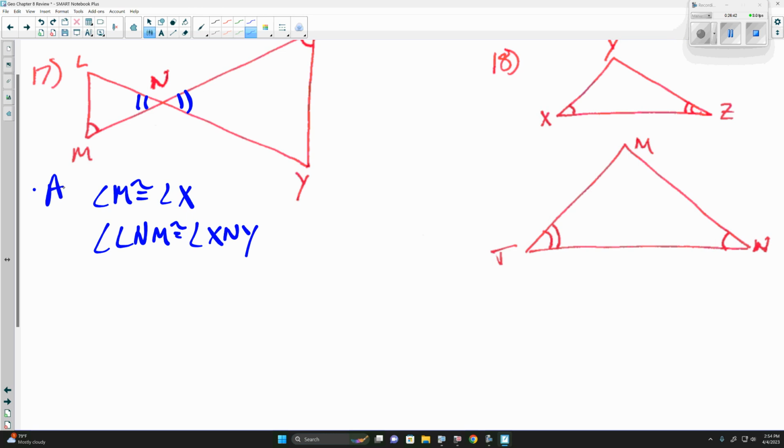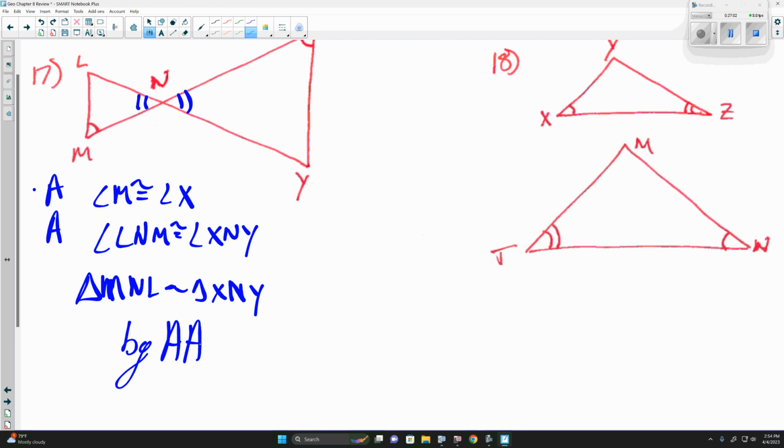So triangle MNL is similar to triangle XYZ by angle.